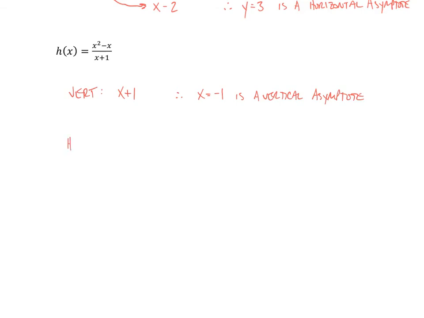To find the horizontal asymptote, I could actually use synthetic division here because my b of x, or my denominator, is a linear function with a coefficient of 1. So I am going to use synthetic division. I'm going to put 1 for my x squared term, -1 for my x to the first term, and I'm missing a constant, so I'm going to hold that place with a 0.